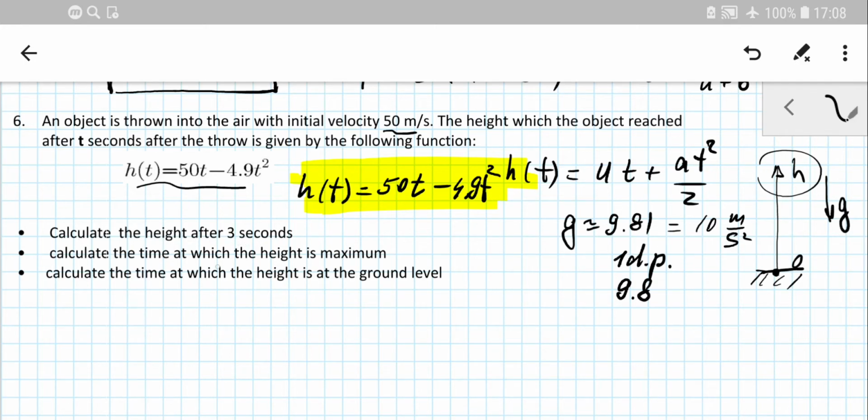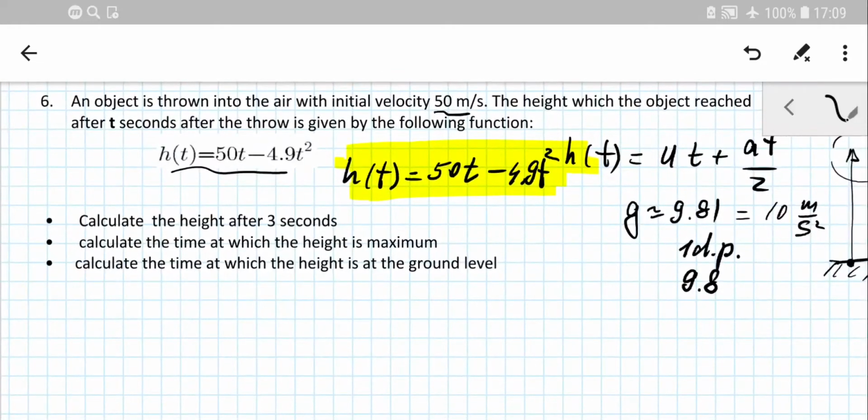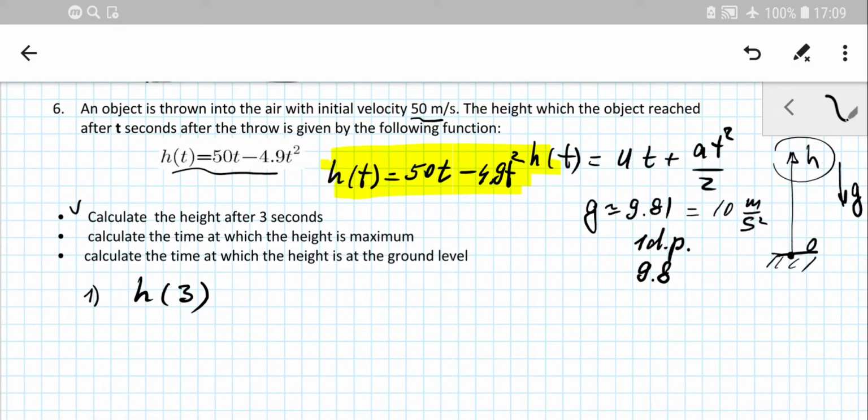Calculate the height after 3 seconds. So the first part is to calculate the height after 3 seconds. You simply need to put 3 in for time, in seconds, and calculate the value of the function at 3. So we've got 50 times 3 minus 4.9, and t squared is going to be 3 squared, which is 9, right?